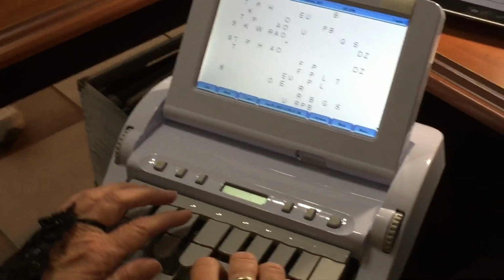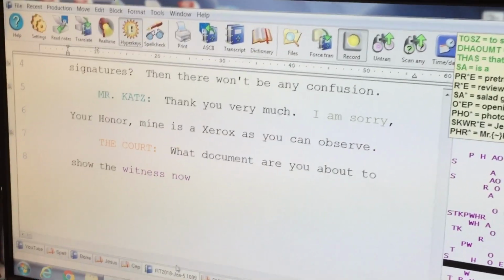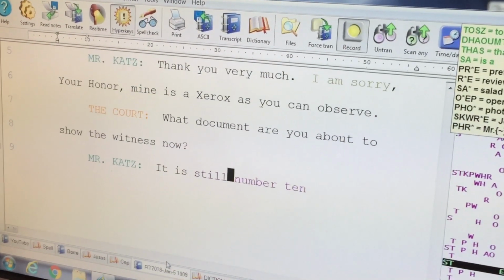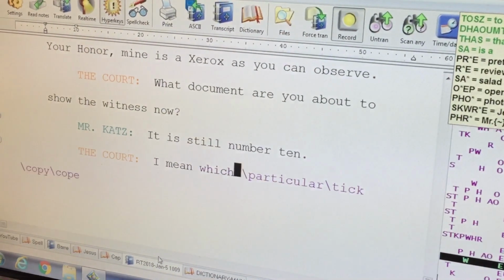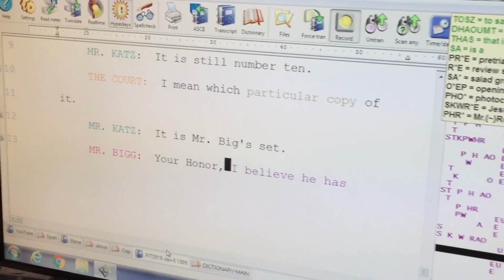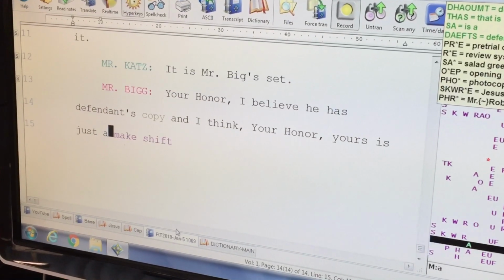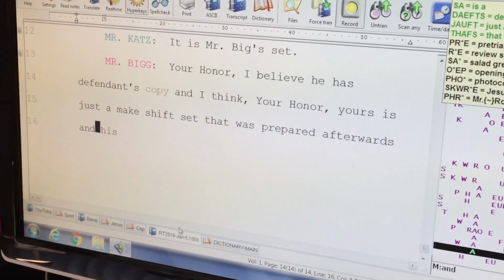I am sorry, Your Honor. Mine is a Xerox, as you can observe. What document are you about to show the witness now? It is still number 10. I mean, which particular copy of it? It is Mr. Beacon's set. Your Honor, I believe he has defendant's copy, and I think, Your Honor, yours is just a makeshift set that was prepared afterwards. His copy is an exact copy, as is mine.